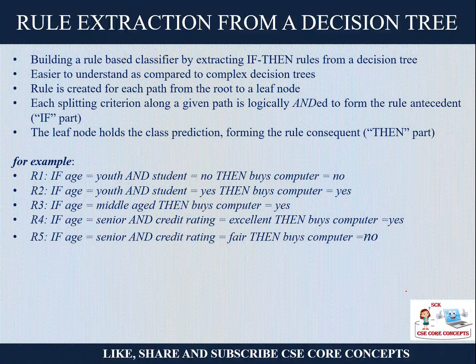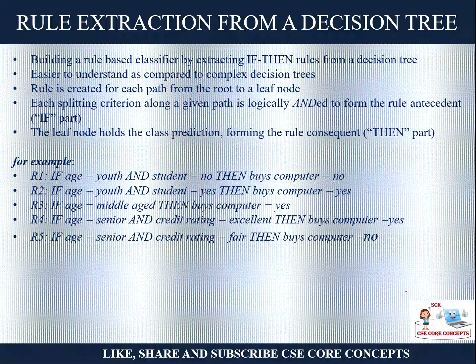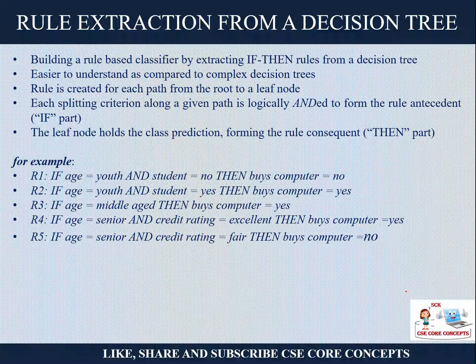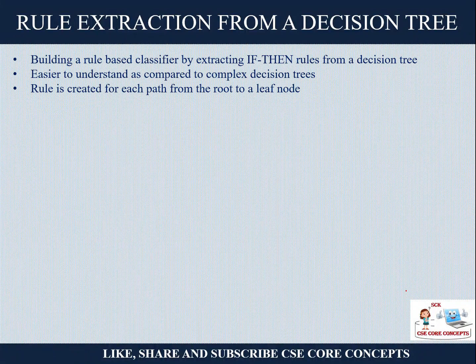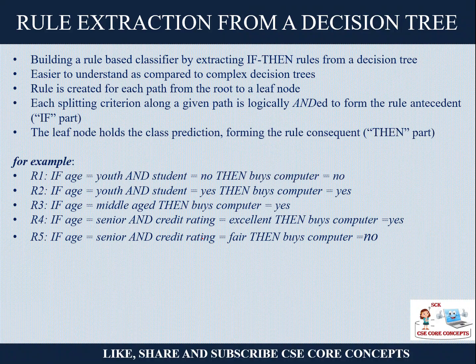If he is senior and credit rating is excellent, then he buys computer, right? Each leaf node holds the class prediction. These leaf nodes are nothing but the then parts, and these all are your ifs. When you join these attributes, they are combined by AND.